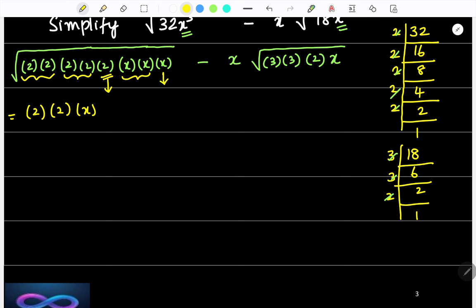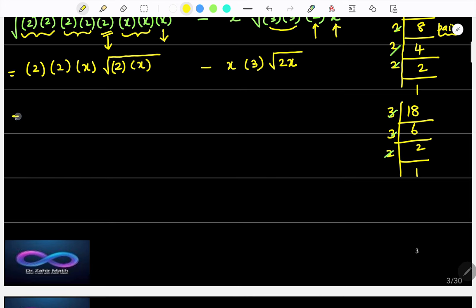This doesn't have a pair. Pair means pair of shoes, one more, you can say like that. So what is inside the square root? Inside the square root, you have 2 and you have x. Minus x times square root of, right. For the 3's, you can take 1 3 out. The 2 and the x don't have a pair, so you write 2 times x.